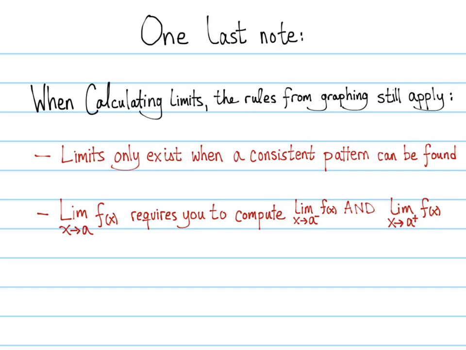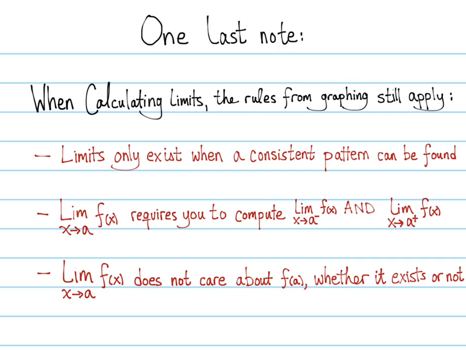The limit as x approaches a of f of x requires you to compute two limits, the limit on the left and the limit on the right. Remember, there's 4 total symbols: the left, the right, infinity, and the one that combines left and right into the same one, the limit as x approaches a without a plus or a minus.